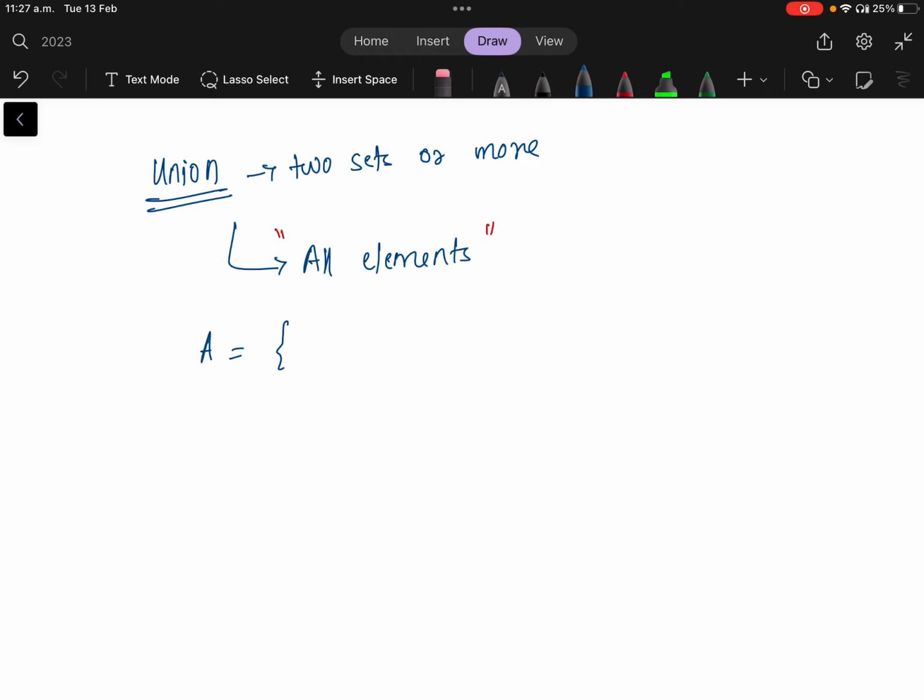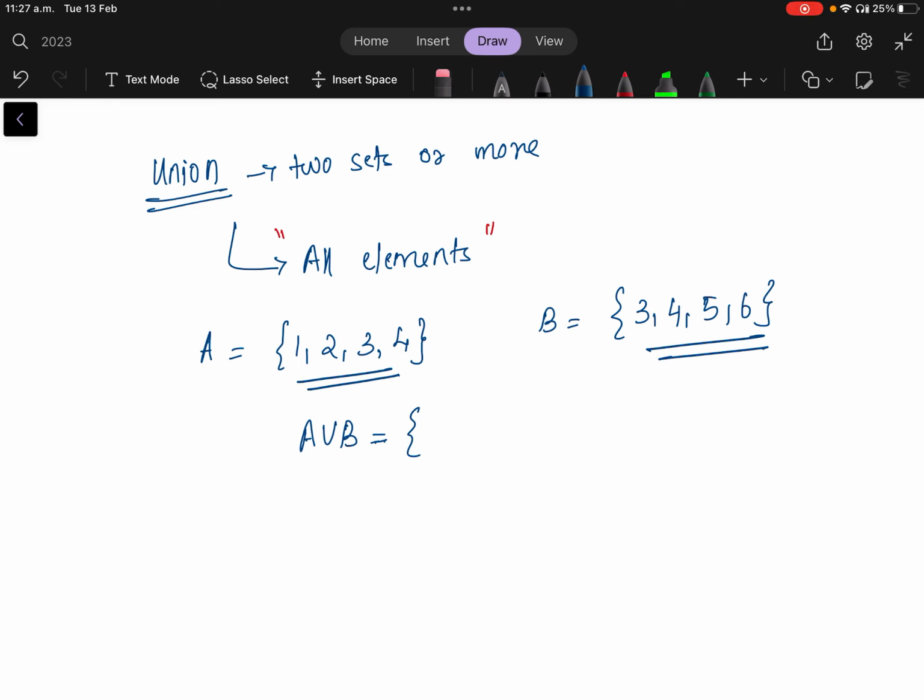Suppose set A is equal to 1, 2, 3, 4, and set B is equal to 3, 4, 5, 6. A union B means all elements of both sets, so you write all the elements of A, then all the elements of B. So 1, 2, 3, 4, and then 3, 4 from set B we have already written, so you write 5 and 6. So this is A union B.